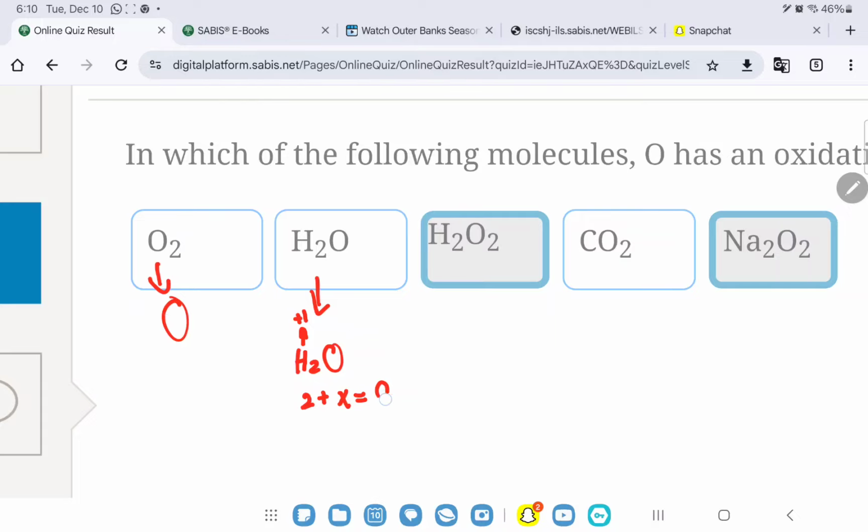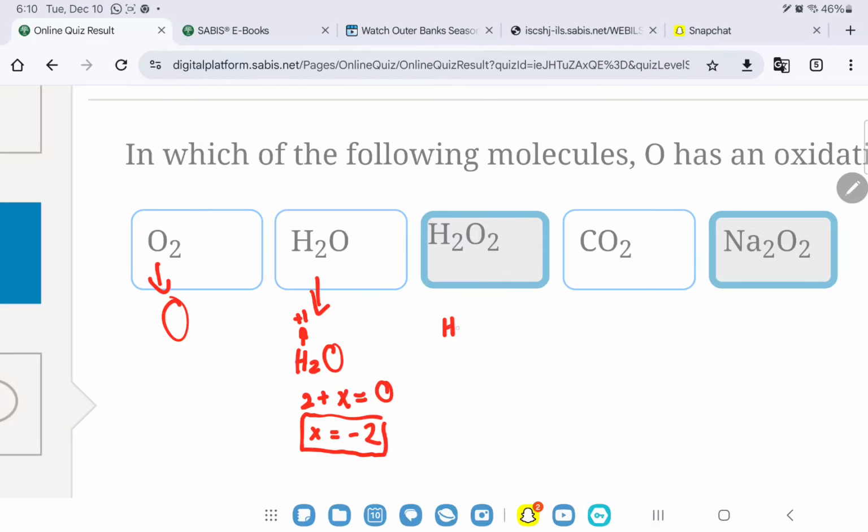We don't have a charge, so equals 0. So 2 plus X equals 0, meaning X equals -2. So if X is -2, that means the oxidation number of oxygen here is -2, meaning it doesn't have an oxidation number of -1. Let's go on to the next one.